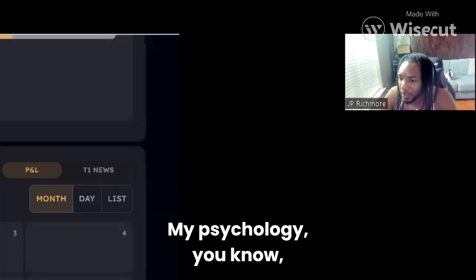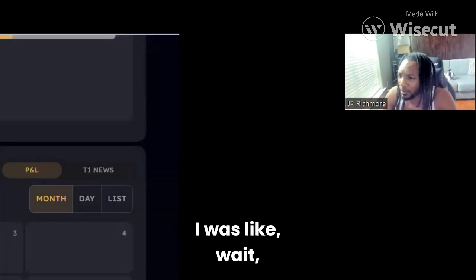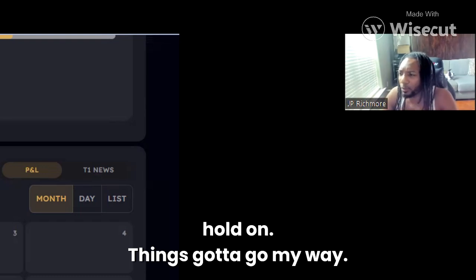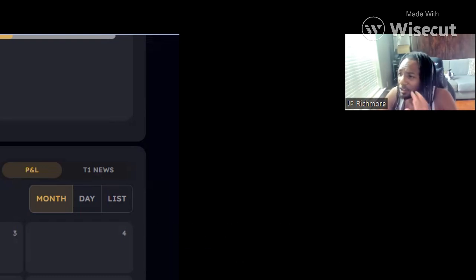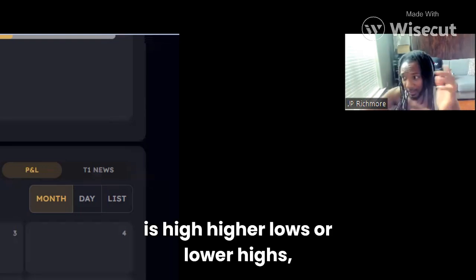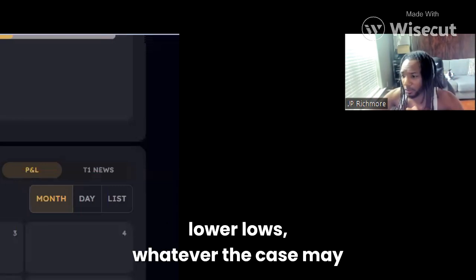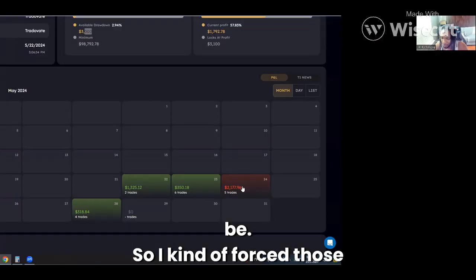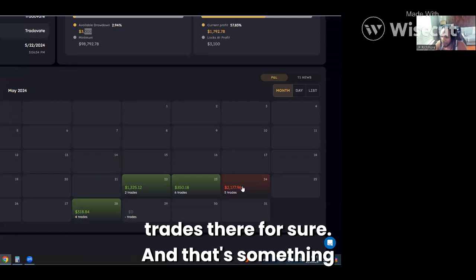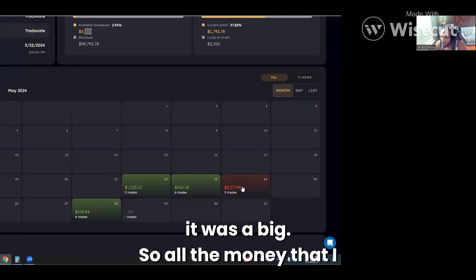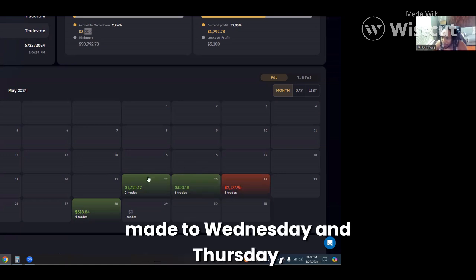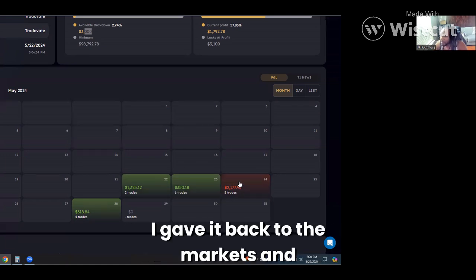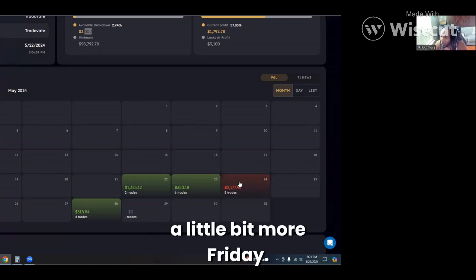My psychology, once I took my first loss, I was like, wait, hold on, things gotta go my way, but market structure really wasn't clearly showing higher highs, higher lows or lower highs, lower lows, whatever the case may be. So I kind of forced those trades for sure. All the money that I made Wednesday and Thursday, I gave back to the markets and a little bit more Friday.